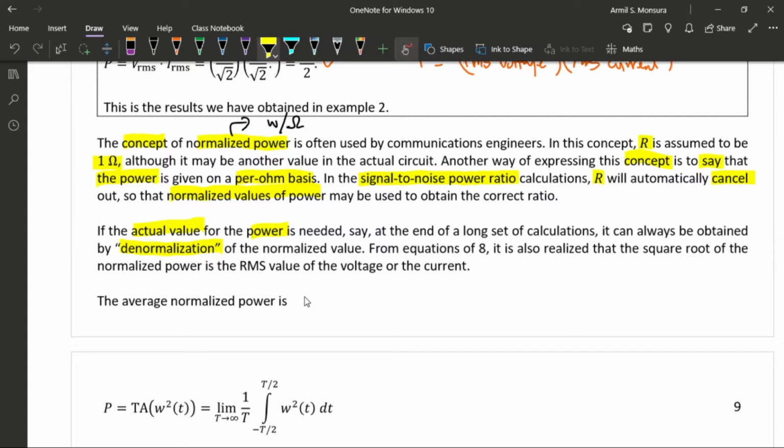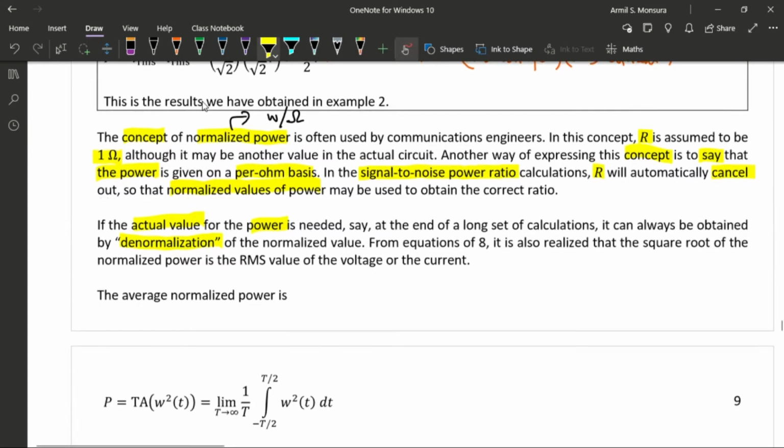We also observe that the average power is V squared RMS over R, or alternatively it can be I, the square of the RMS current, times R. If you set the resistance equal to 1 ohm, then you would have the normalized average power.